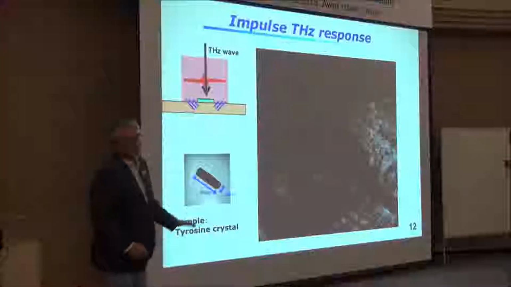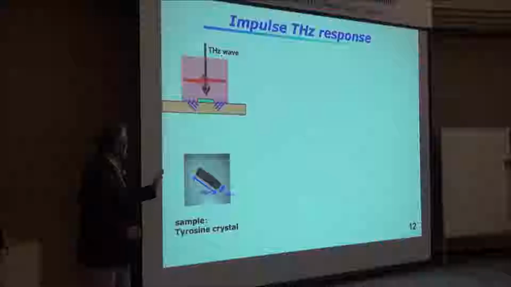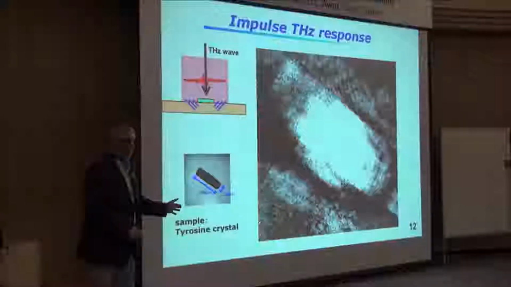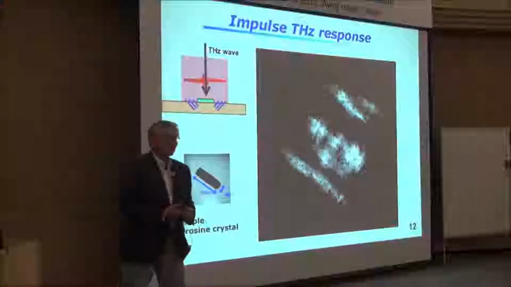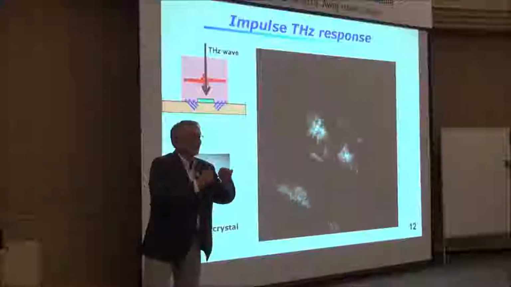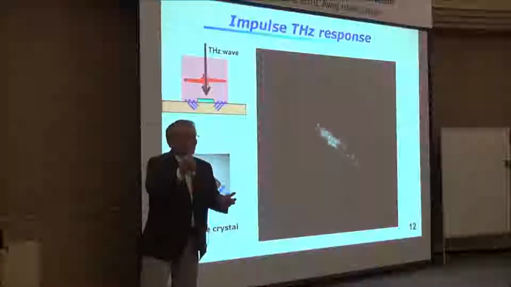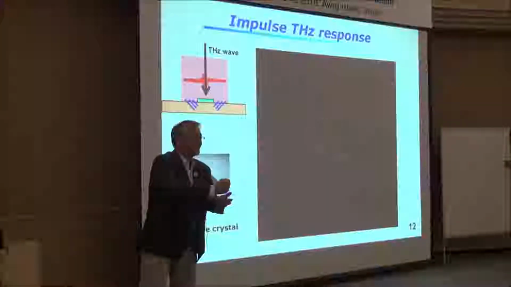All right, so maybe this is just a picture of emission from a tyrosine crystal. It's a tiny crystal. If you purchase tyrosine, you have many tiny crystals. If you measure a spectrum, normally you make a pellet.